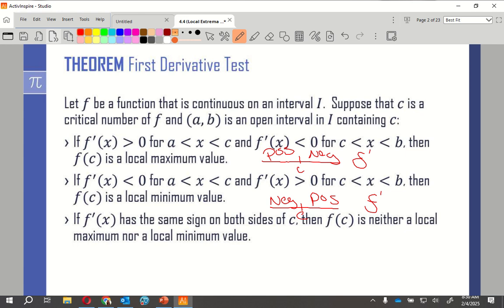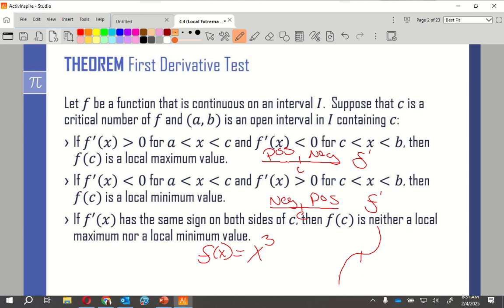If f prime has the same sign on both sides, then it's neither a local minimum nor a local maximum. This happens when I have like an x cubed, which gives me something right here.